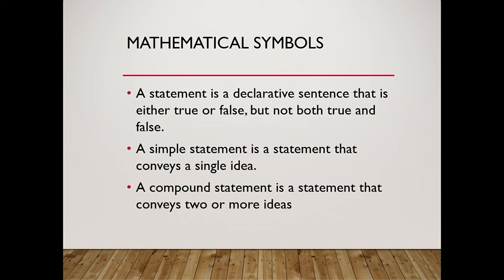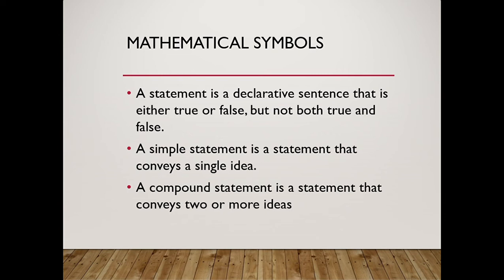Next, mathematical symbols. Let's talk about mathematical symbols. A statement is a declarative sentence that is either true or false, but not both true and false. We call it a statement if, first, it is a declarative sentence. Second, it can be answered by true or false.